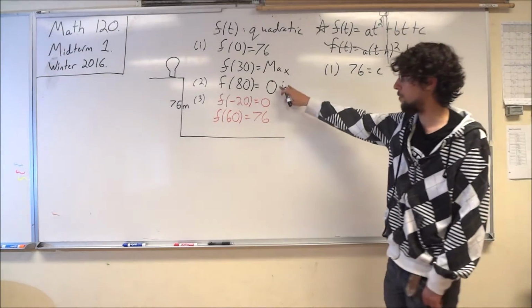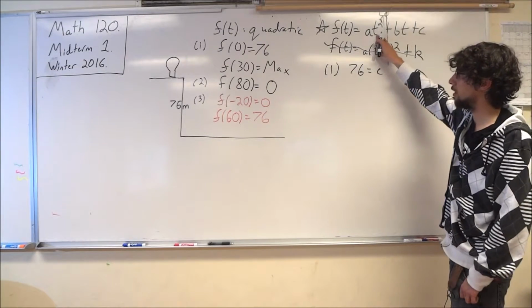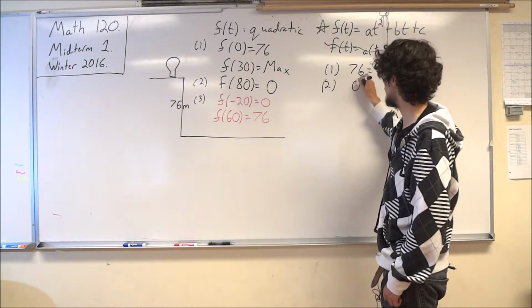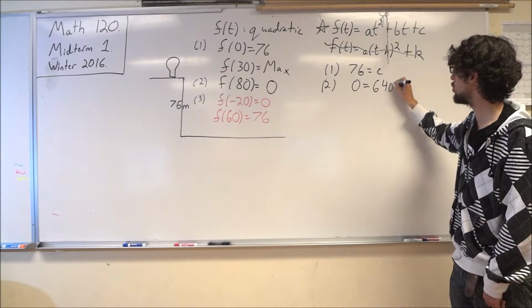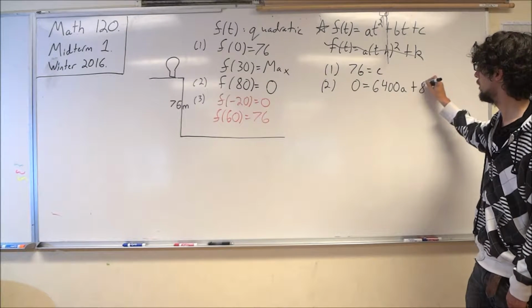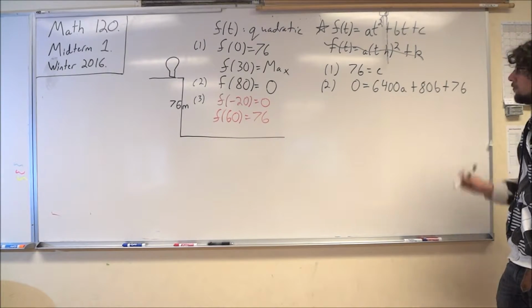What I have from this one, if I plug in 80 for t here, I should get 0. So what I get from equation 2 is that 0 equals 6400a plus 80b plus 76.